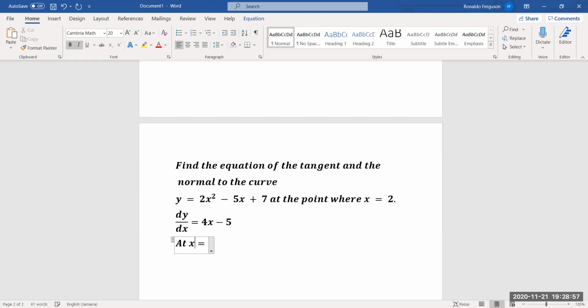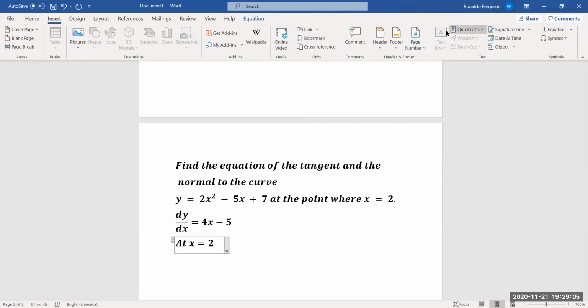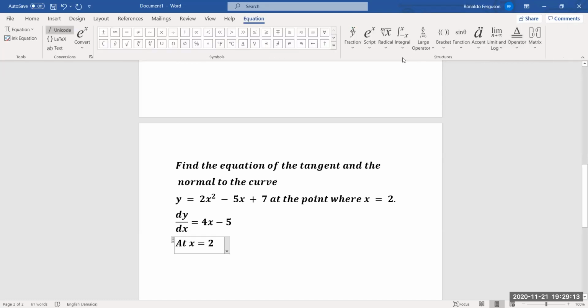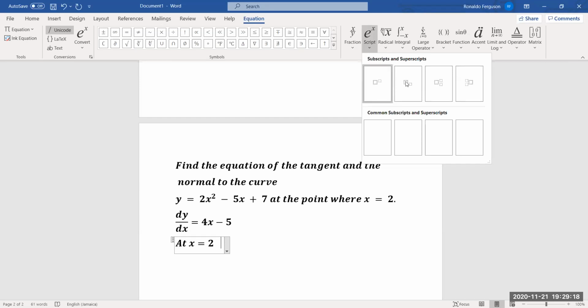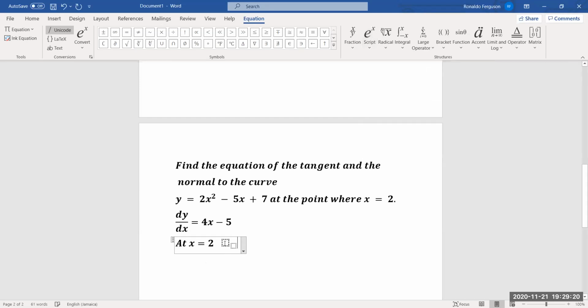So at x equal 2, the gradient of the tangent, we're going to call it mt, is equal to dy by dx when x is 2.